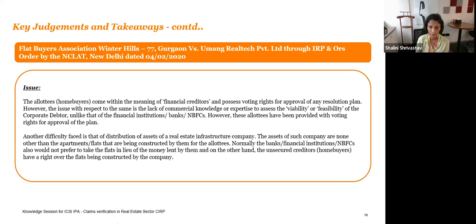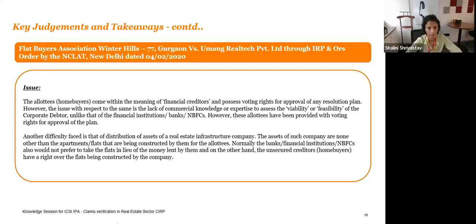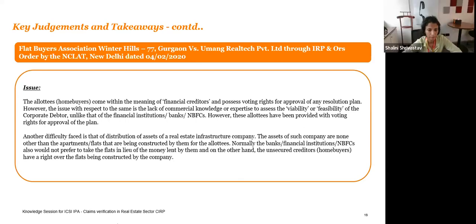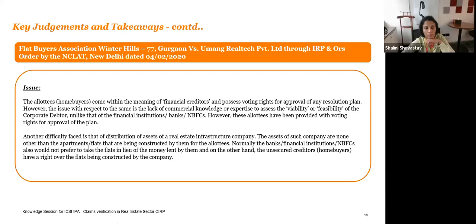Yes, go ahead. So this reverse CIRP has especially been introduced in the real estate sector only, given the nature of this sector. What this judgment by NCLAT says is that the promoters, who originally had the vision on the viability of the project, the plan of the project, the construction of the project, and the vendors who hold all these things, if they go out of this process due to initiation of the CIRP, then this process gets hampered.